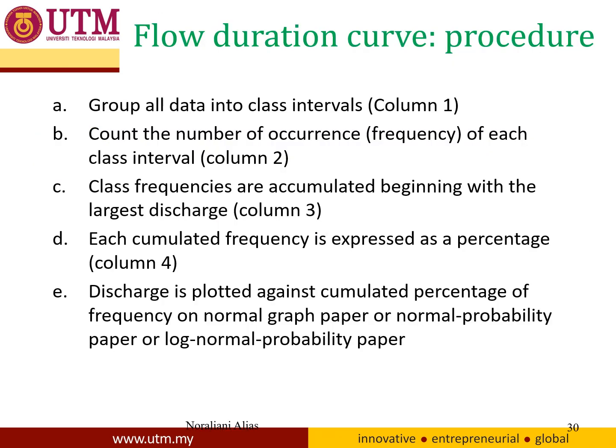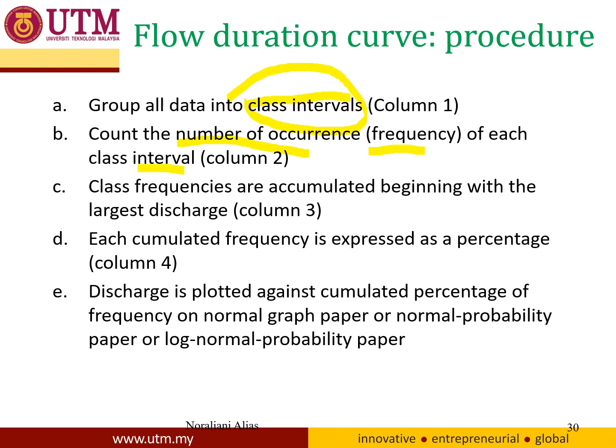So how do you do the flow duration curve? First, you need to make the data into class intervals, because this is a simpler way of frequency analysis. It is not a continuous distribution, it is a discrete distribution. Then you count the number of occurrences, the frequency of each class interval.